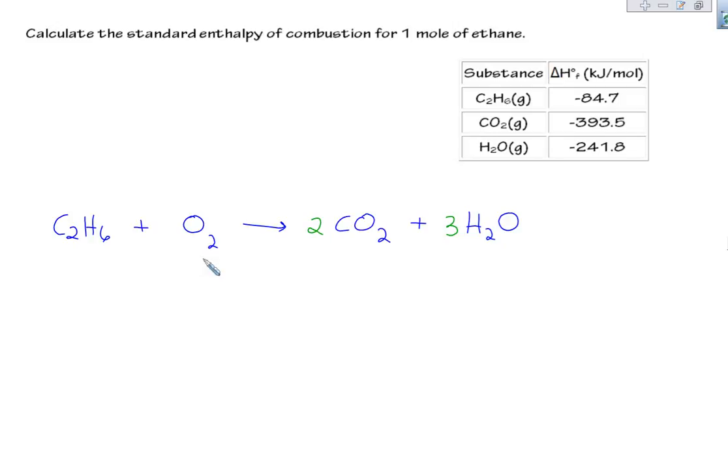You have a few options at this point. I usually say, whatever I do to this oxygen, it's going to give me even numbers, and it's these 3 waters that are making it odd on the product side. Try doubling it. Now we're going to have to go back and double this, so we have 12 hydrogen.